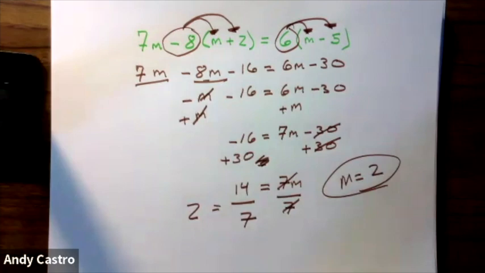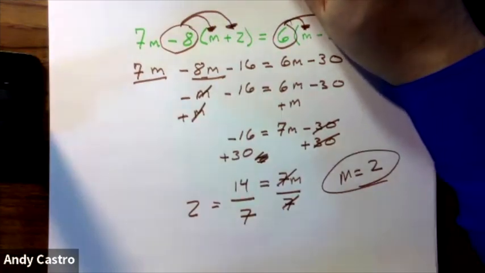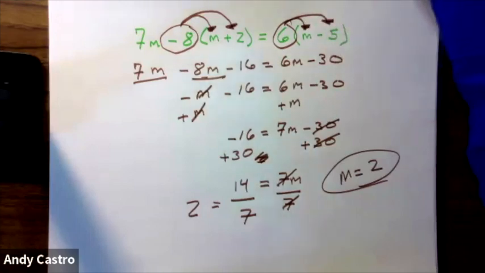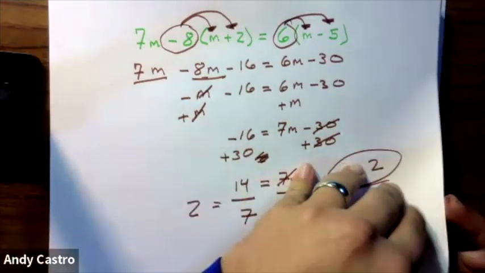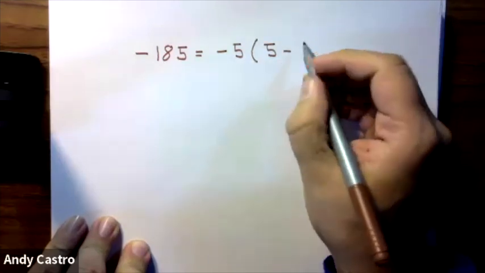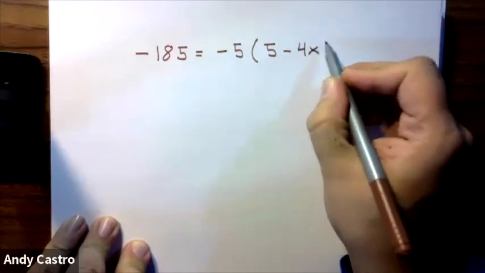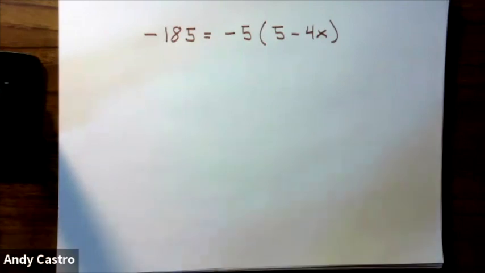All right, I'll give you guys a moment to copy that down. M is equal to 2. Still haven't found the type of question that I want to do here. That's okay. All right. Let's do another one. All right. Same deal. Work it on your own.